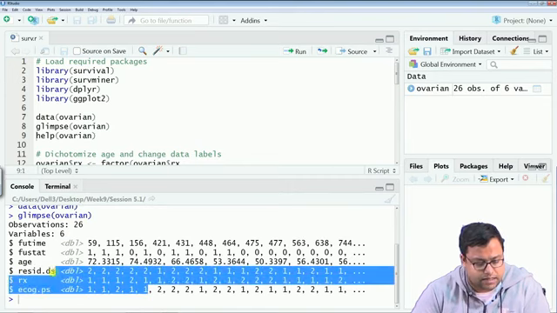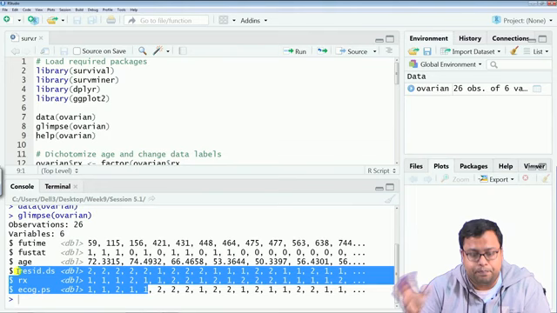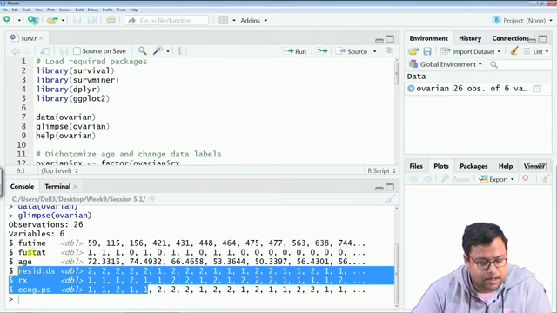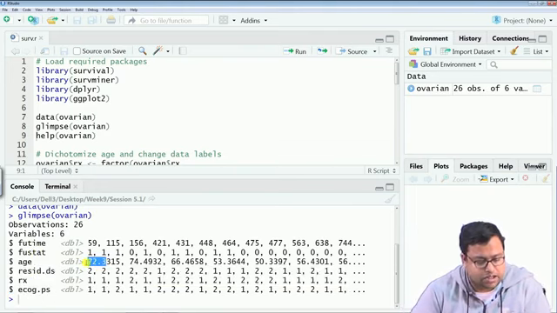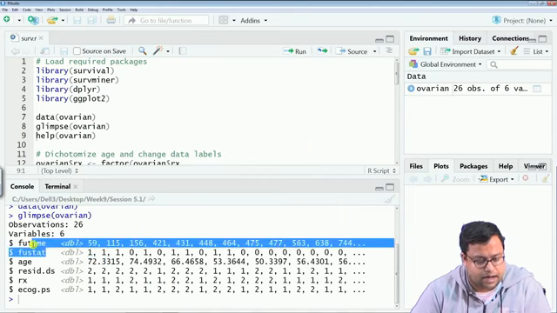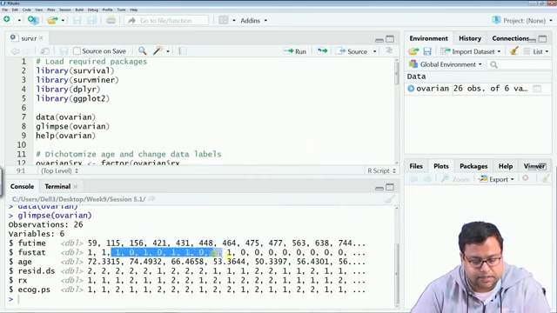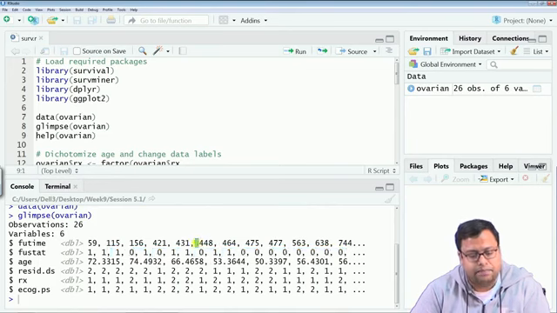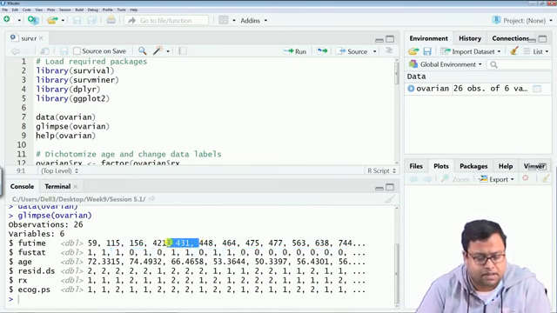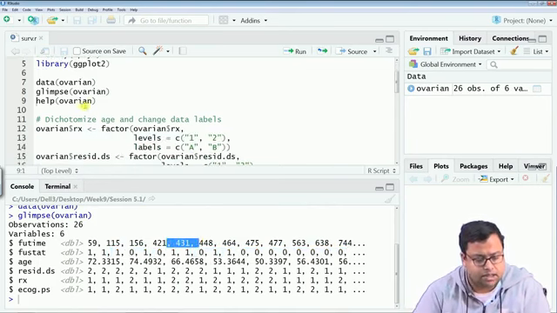These are various kinds of factors which impact the chances of living. This is the age, and this is fustat, whether this person is living or dead, and the time at which this measurement has been done is something that they are checking.